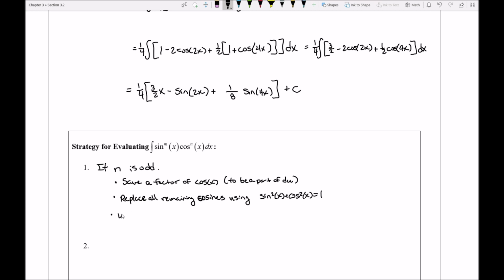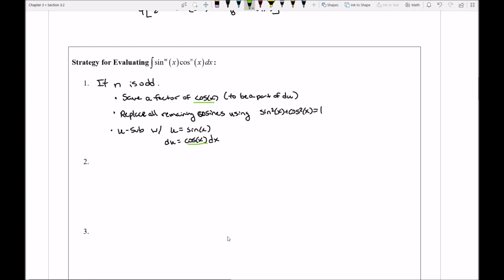And then we were able to perform a u substitution. Specifically, we did a u sub where u was going to be equal to the sine of x, and du was going to be equal to cosine of x dx. Remember, that's why we saved that factor of cosine.